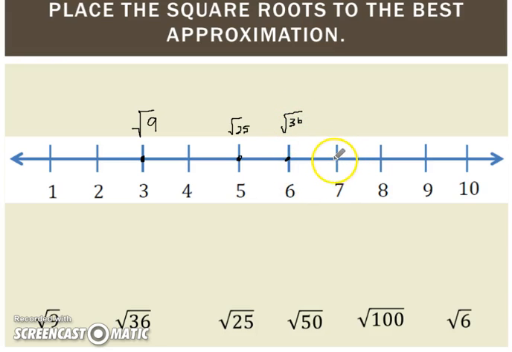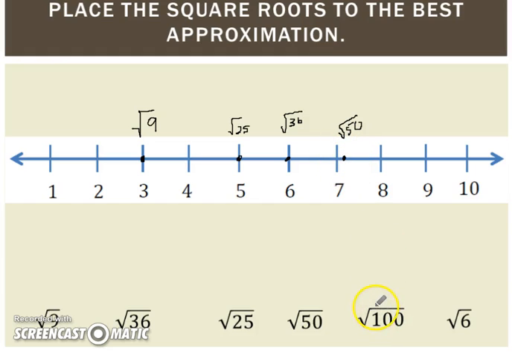If I square 7, so 7 times 7, that would be 49. Well, 50 is really close to 49, so I could approximate that the square root of 50 would maybe be about right here. It would be close to 7, because if I were to take the square root of 49, I would get 7. So the square root of 50 is going to be really close to 7.